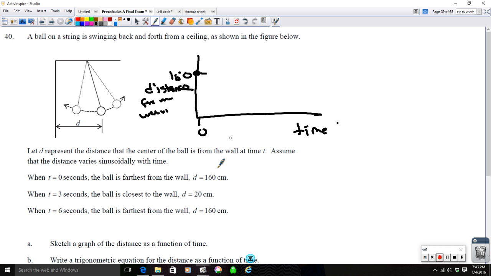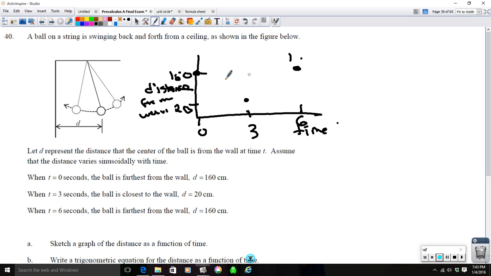At 3 seconds, they tell you the ball is closest to the wall at 20. It's going to be your minimum. And then at 6 seconds, again, it's furthest from the wall again, at 160.